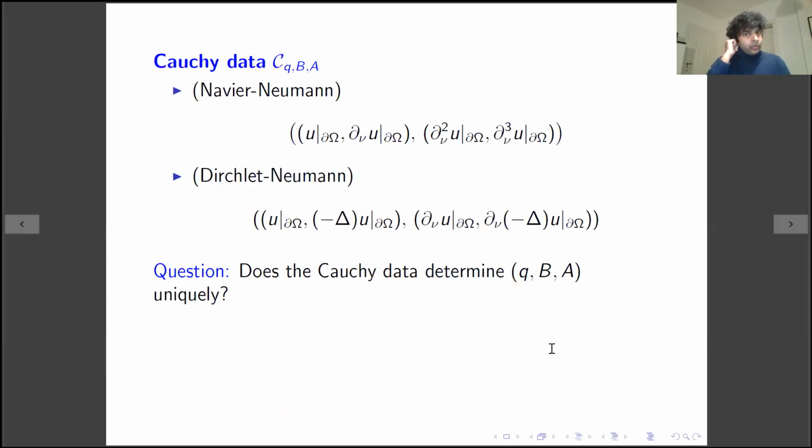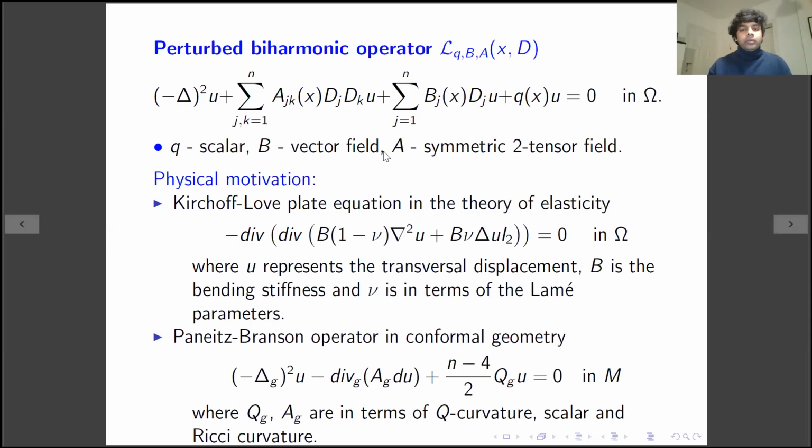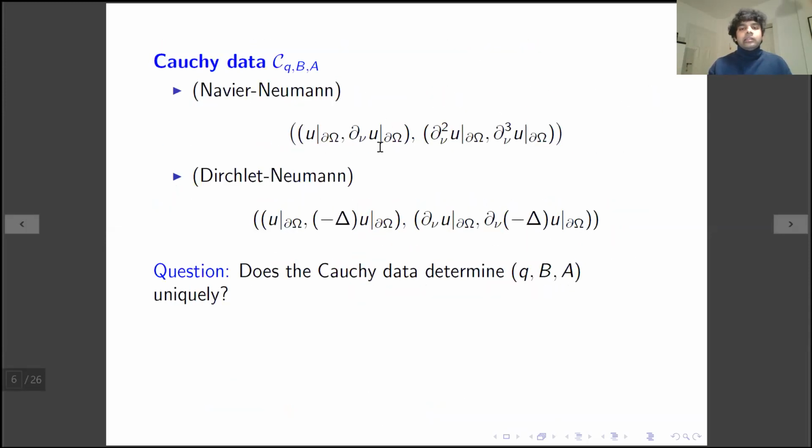We can define the Cauchy data in two ways, depending on how you solve the problem. If you solve the problem with the Navier data, that means u restricted on the boundary and Δu restricted on the boundary are given, and then we solve this Dirichlet problem. With this data, we define the Neumann data like this: ∂_ν Δu and ∂_ν u restricted on the boundary.